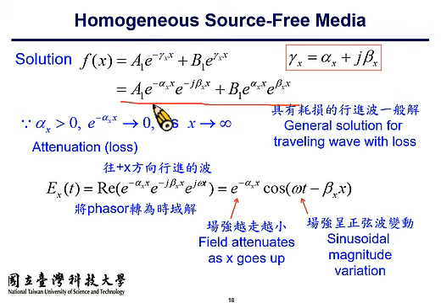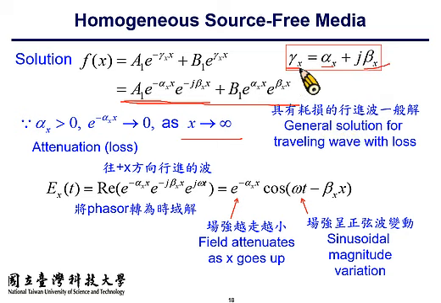So let's take a look at this. The first term stands for the wave going in the positive x direction. And, okay, I forgot to mention that for the propagation constant, both alpha and beta are positive real numbers.